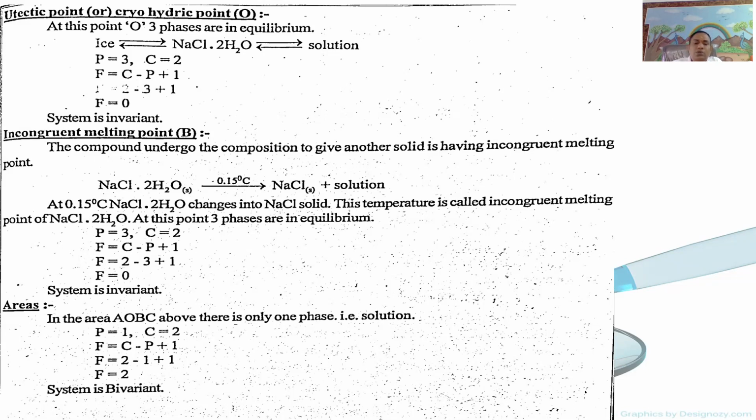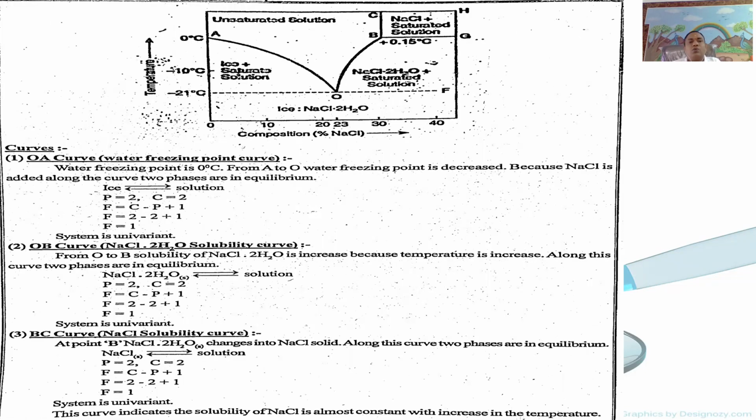Here, in the salt water system, instead of sodium chloride, we take the potassium iodide water system. Again, the potassium iodide water system also contains three phases: one is the solid salt potassium iodide, solid water, ice, and the liquid potassium iodide solution.